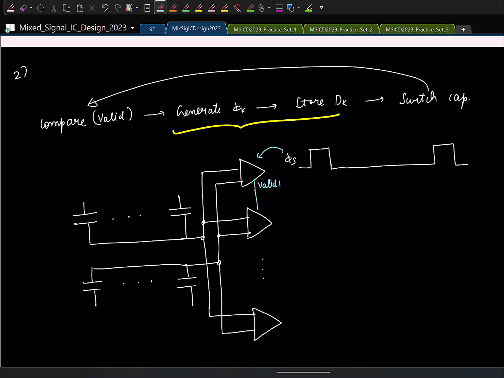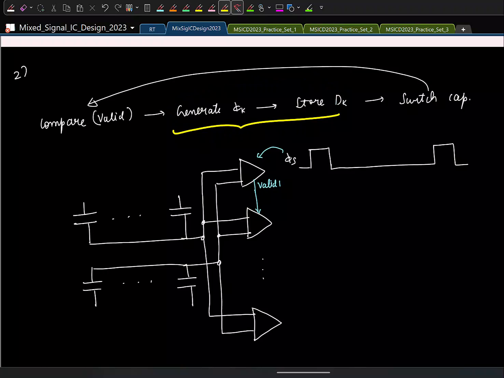So I'll use this valid 1 to trigger the second comparator to do the second comparison. Once the valid signal goes high, I reset this comparator and, in parallel, switch the capacitors, and then start the second comparison. This way I don't have to do the additional task of generating a clock and storing the data.